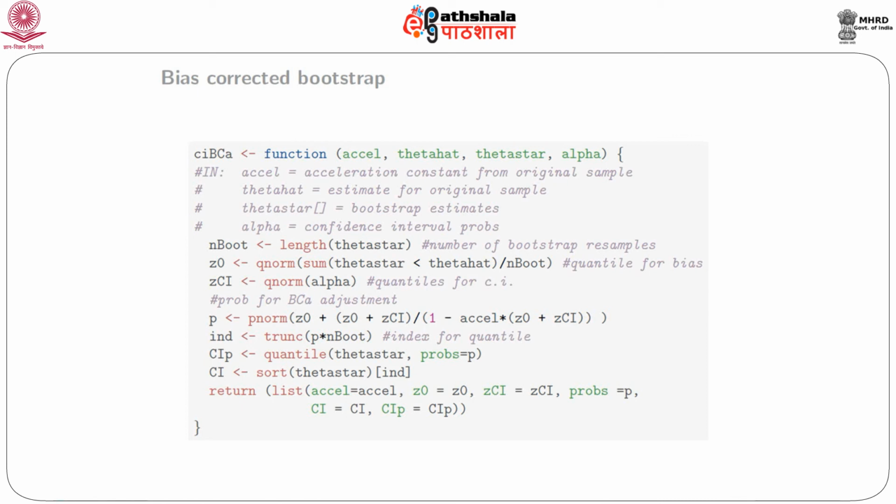Then we can index the quantile using the trunc command, which converts it into an integer. So, we truncate p times n boot, and then CIp is the quantile of theta star with probabilities equal to p, and CI is sort theta star at index. Then we return a list of all the objects which are required.